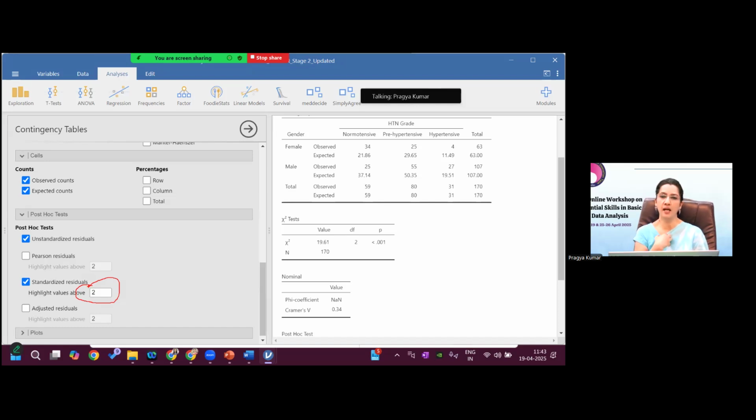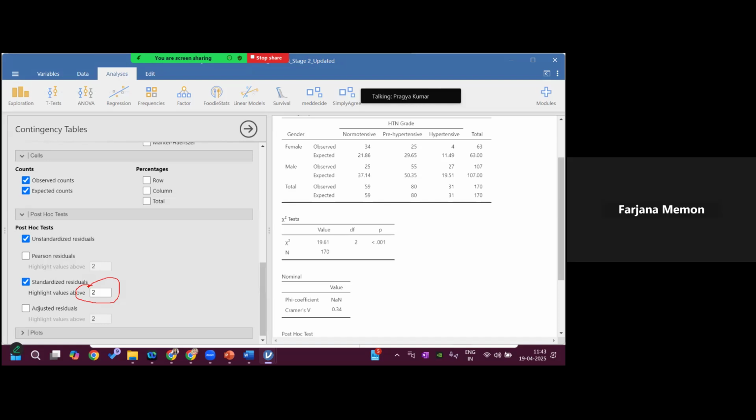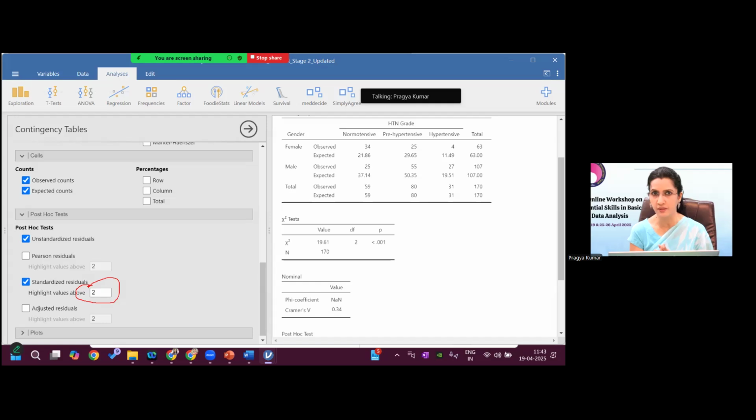I am forgetting the name of the person on whose basis even JAMOVI and SPSS have decided that if the standardized residual is more than 2, it is significant. Many times they say it depends on the size of the table, so many people take 3 also. But if you go by that author, if it is more than 2, we say that this cell is influencing the chi-square value the most.